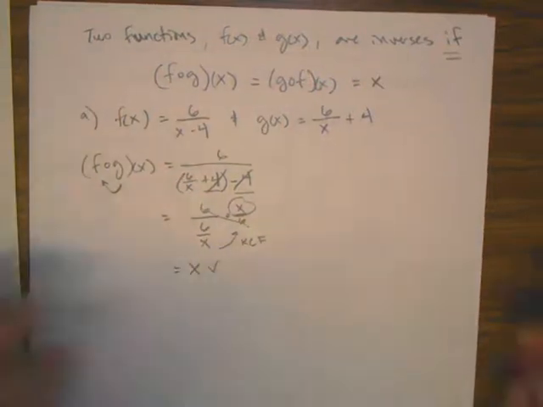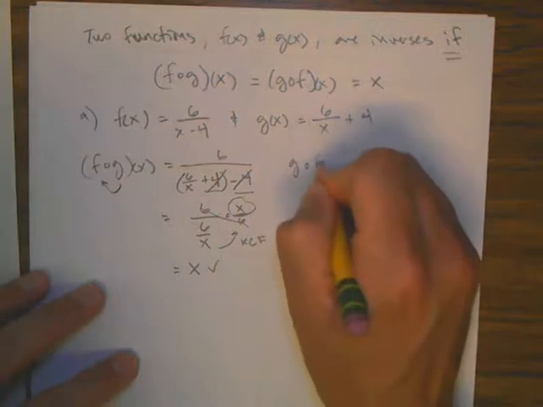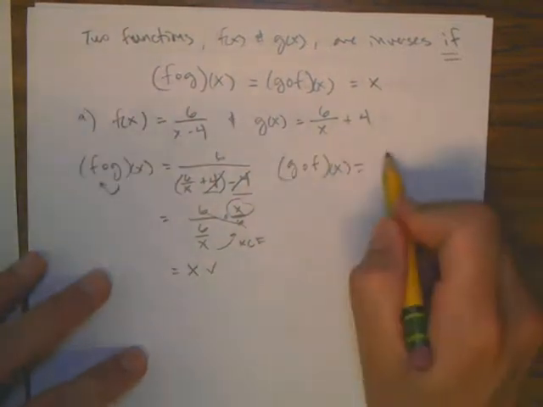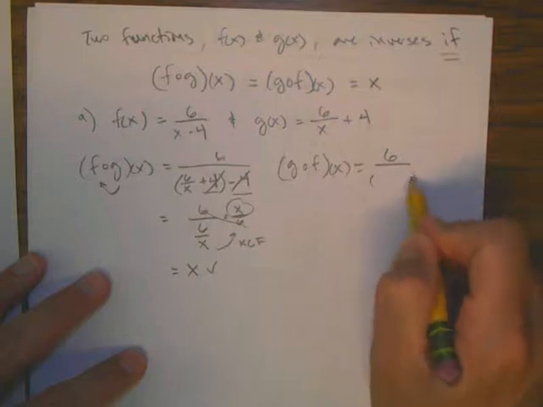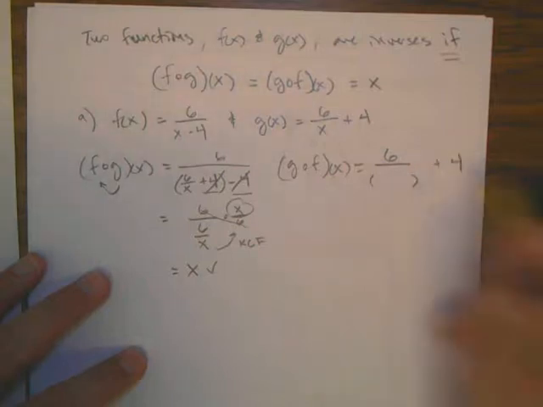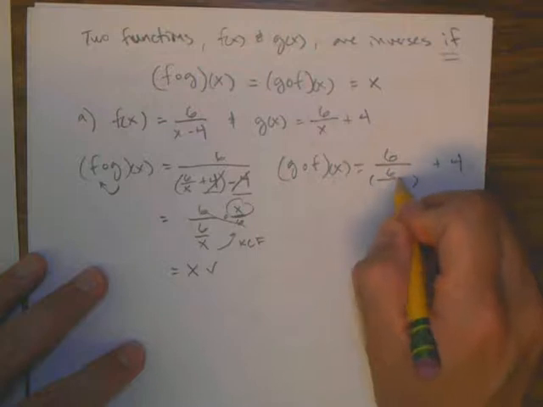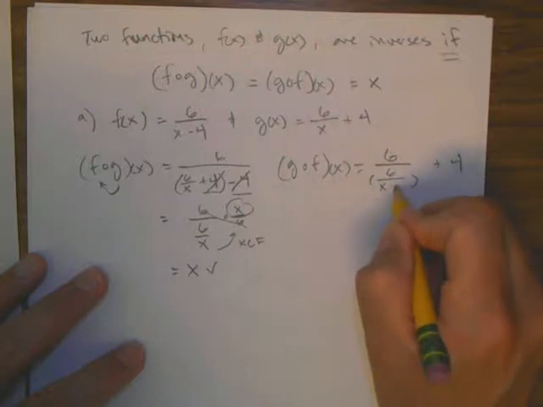So we're going to do the same thing. G, 6 over blank plus 4. Now, if they are true inverses, f is 6 over x minus 4, then they will simplify very easily.